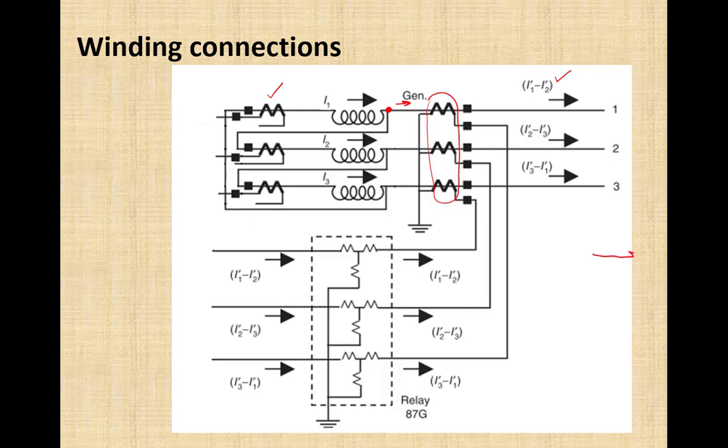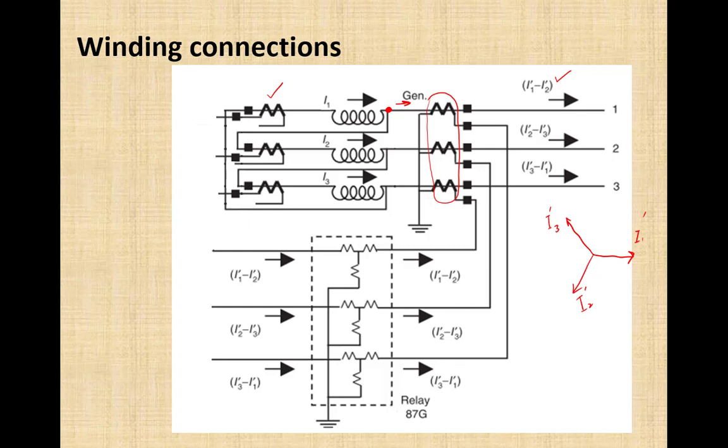For example, this was I1 prime, I2 prime, I3 prime. The phase angle between them is 120 degrees and this displays the phase sequence ABC, 1, 2, 3.